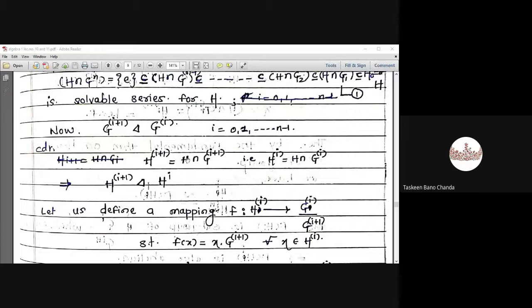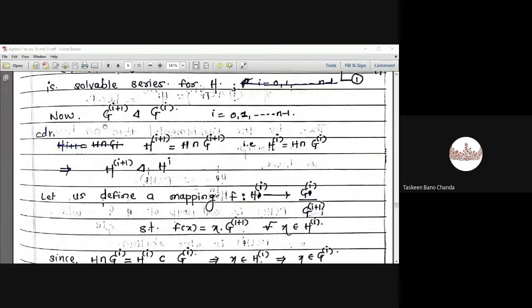Okay, it implies that Hi plus 1 is normal in Hi. How did this come again? From these two statements, how is Hi plus 1 normal in Hi? Because here Gi plus 1 is normal in Gi, taking intersection with Hi plus 1 and Hi, we get Hi plus 1 is normal in Hi.